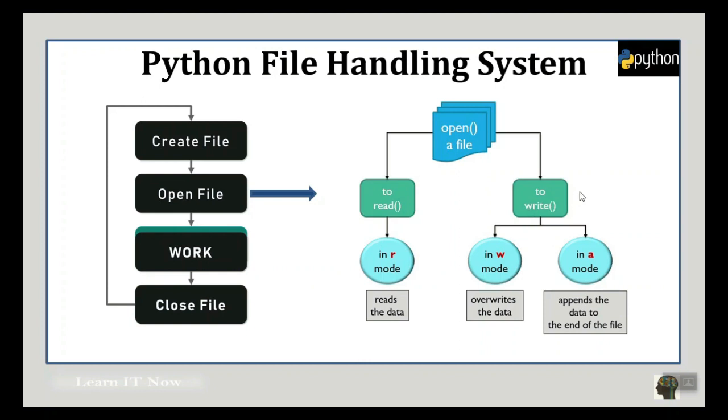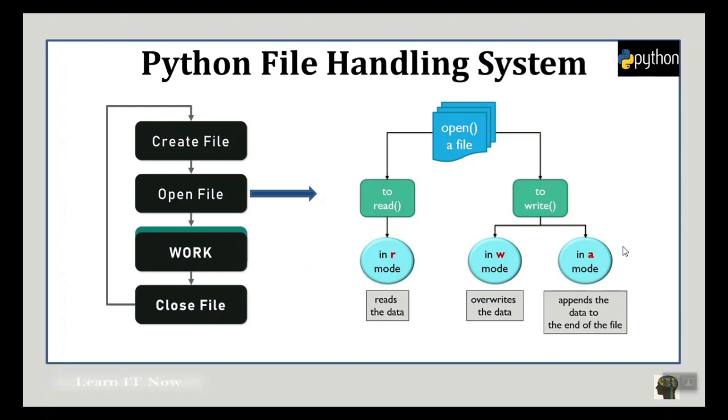Now, if we are opening the file in write mode, we need to keep in mind whether we are opening the file as a new file or we want to open an existing file and write onto it. If we open it in W mode and the file already had some data, the data will be overwritten by the new data.